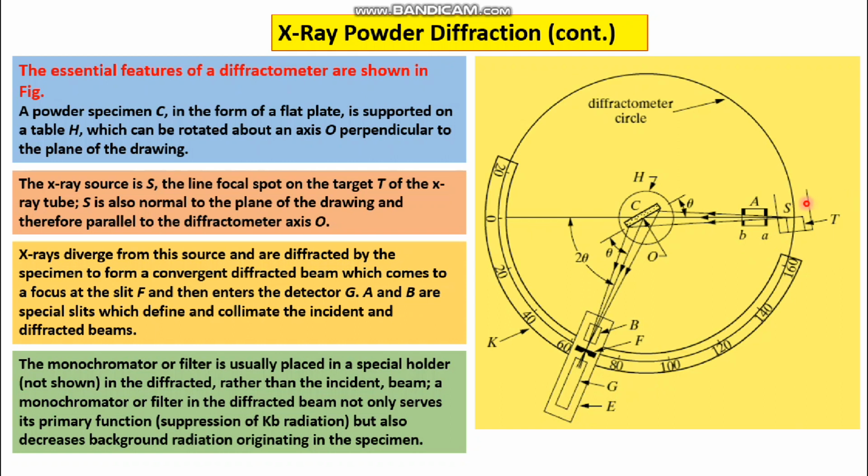X-rays diverge from the source and are diffracted by the specimen to form a convergent diffracted beam which comes to focus at the slit F and then enters the detector G. The monochromator or filter, which we have talked about already, is placed between the source, sample and the detector. It not only suppresses the K-beta radiations but also decreases the background radiations originating in the specimen.